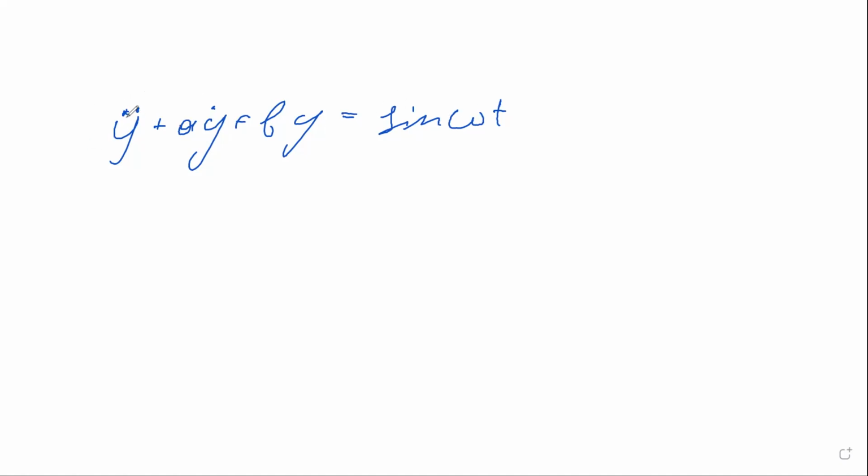Here we have sine omega t. So what would be solution? Well, the solution would be solution. Let me try to at least write it somewhat intelligible. Solution y of t would be homogeneous solution, which is what we gave before, plus particular solution, right?